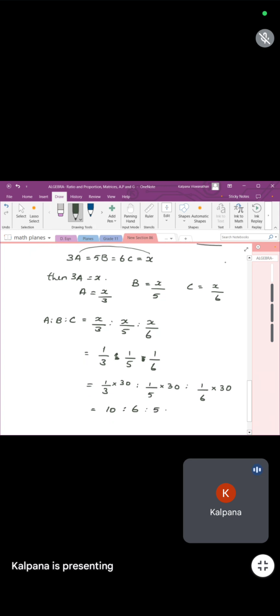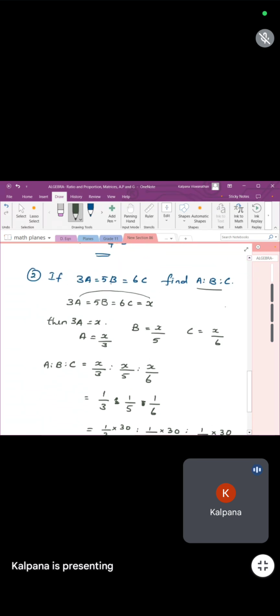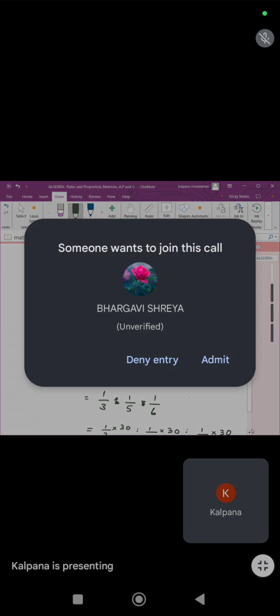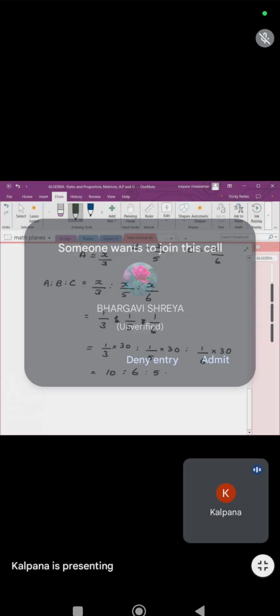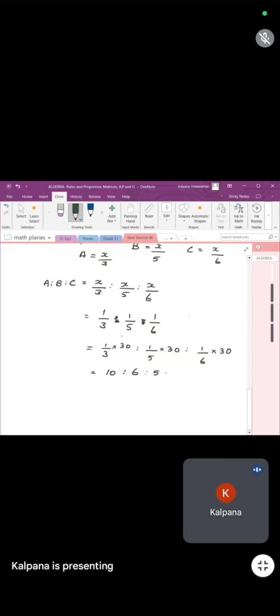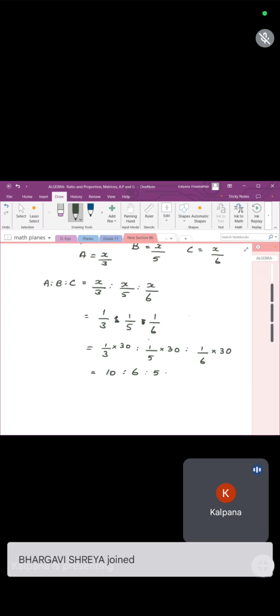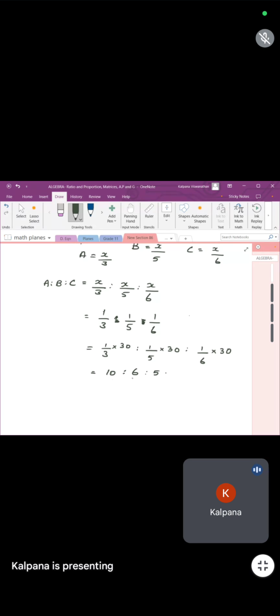So if you have questions like 3a equals 5b equals 6c, equate it to some value x, or you can put it as equal to 1 also. Find a, b and c separately, then write the required ratio a is to b is to c. Take the LCM of 1 by 3, 1 by 5, 1 by 6 and multiply, so the ratio will be 10 is to 6 is to 5.